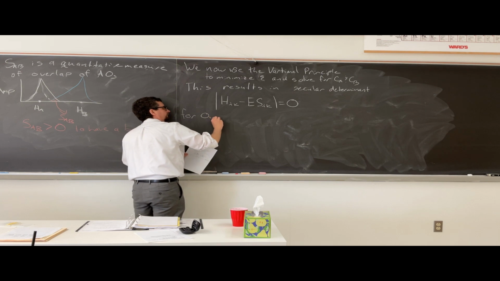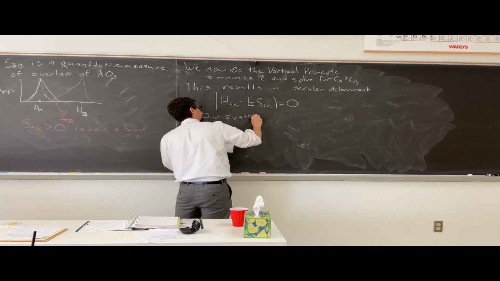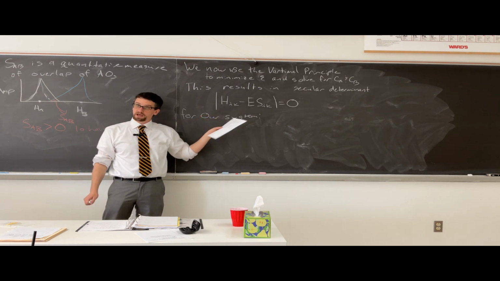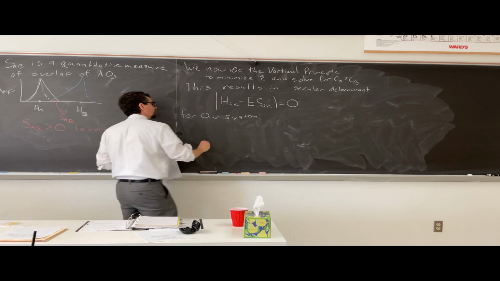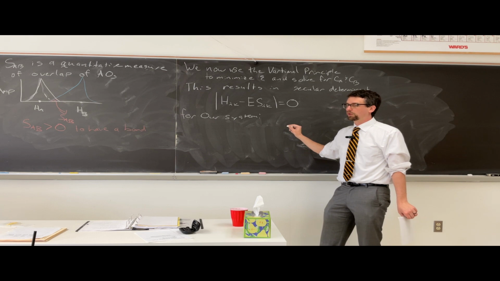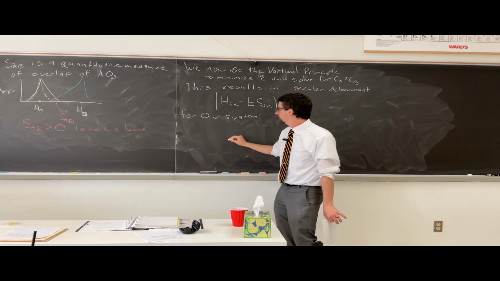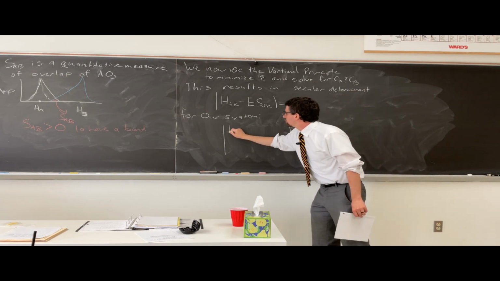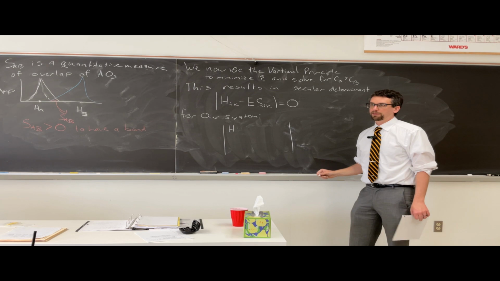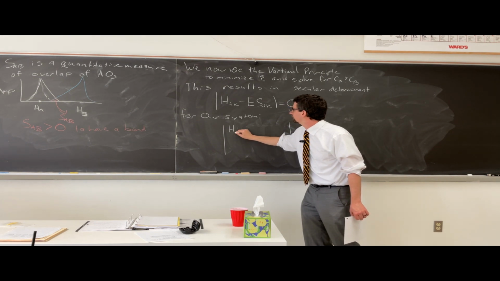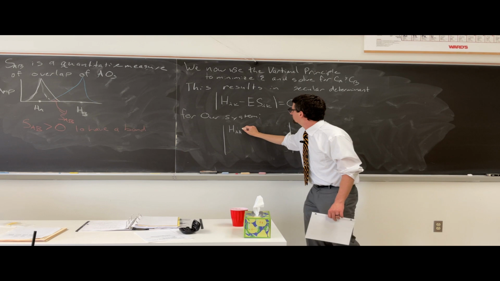For our system, we need one of these terms for each possible linear combination. So what will the size of our determinant be, given we have two atoms? Yep, it's going to be a 2 by 2. So we get H. What's our subscript going to be for that one? Since we have A and B, yep, both A's.